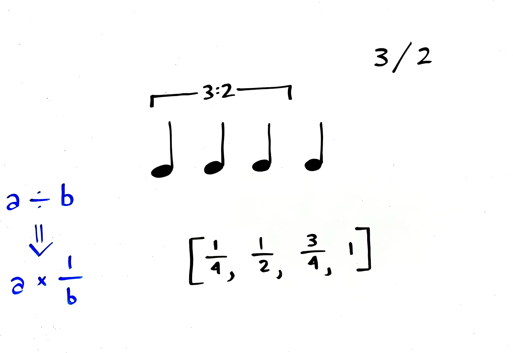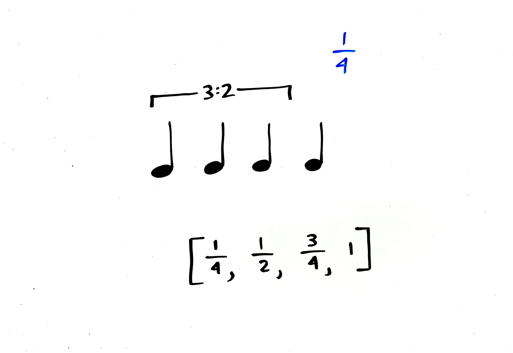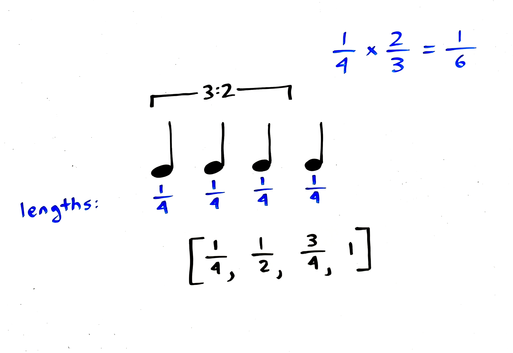So, the original length of each of the first 3 notes was 1/4. 1/4 divided by 3/2 is the same as 1/4 times 2/3. 1/4 times 2/3 is 2/12, which reduces to 1/6. So the new length of each of the first 3 notes is now 1/6. Therefore, our C-point analysis is now 1/6, 1/3, 1/2, 3/4.